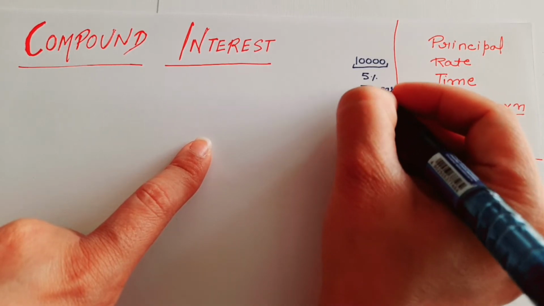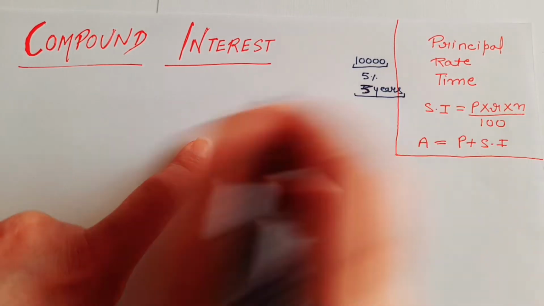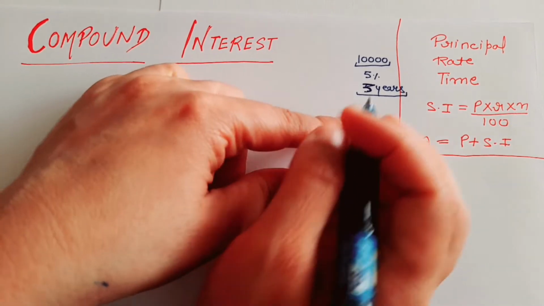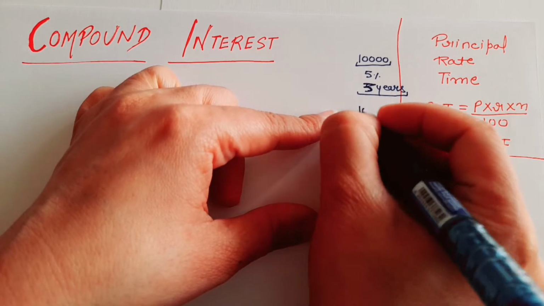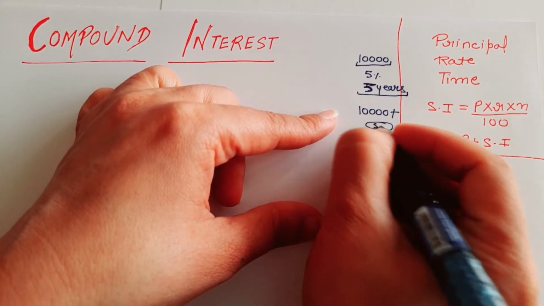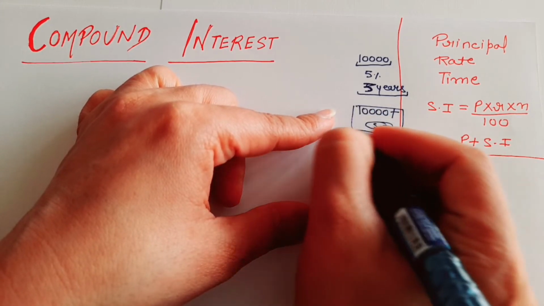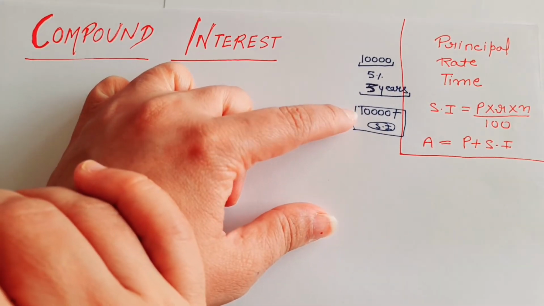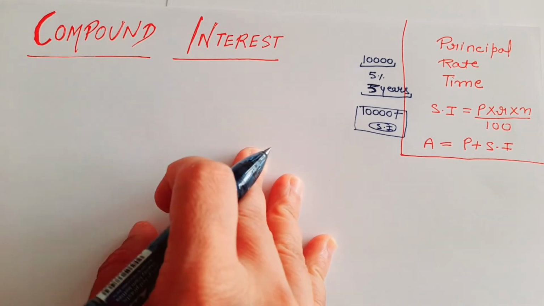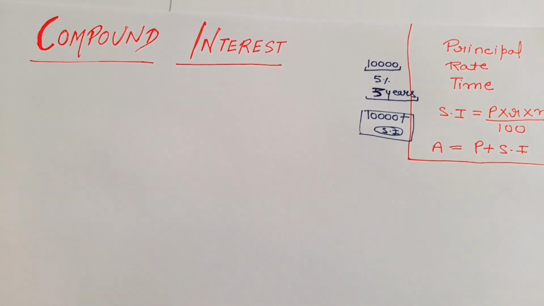Suppose we say for 3 years. Then after 3 years you will return the amount, 10,000 plus simple interest, and your principal will be the same. But this does not happen in compound interest.